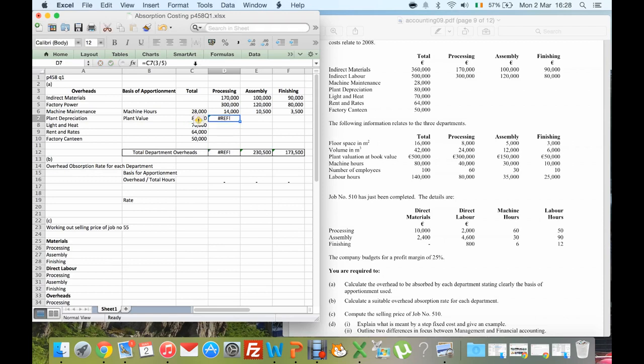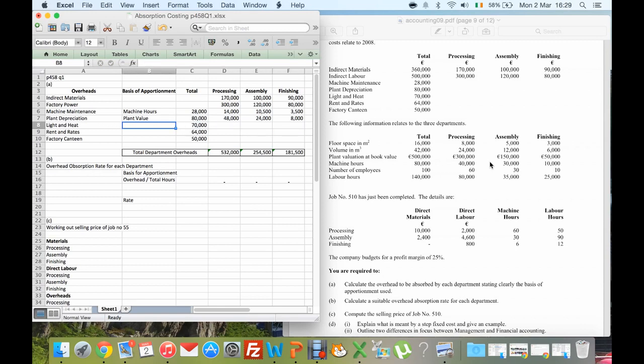No, that's wrong. And then we have 150 over 500, and then the last one is 50, so it's 10%. So that's going to be 8 grand. 10% of 80 grand, so that's 1/10.